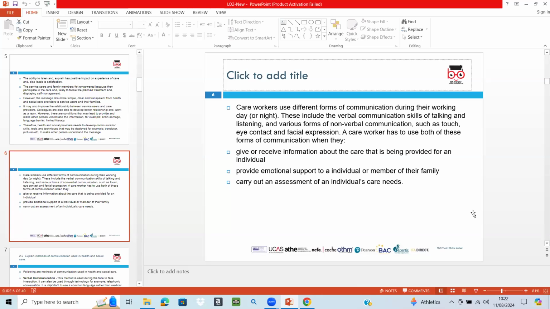So we have to be very careful about that in terms of the non-verbal communication by the service user, and sometimes we have to use non-verbal communication with the service user. So we have to be careful about both sides of non-verbal communication.